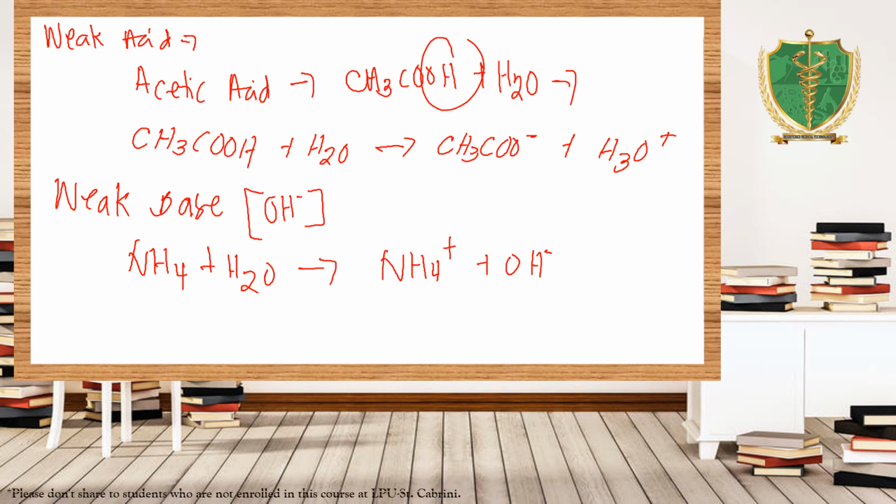So again, please take note, strong acid reacts completely or almost completely with water to form hydronium ion. And base is the one that reacts completely or almost completely with water to produce hydroxide ion. Okay? So that is the definition of Arrhenius about acids and bases. The next video will be about the definition of Bronsted and Lowry about acids and bases.